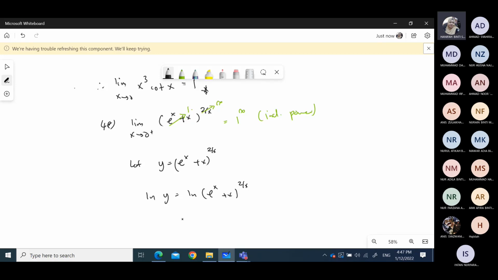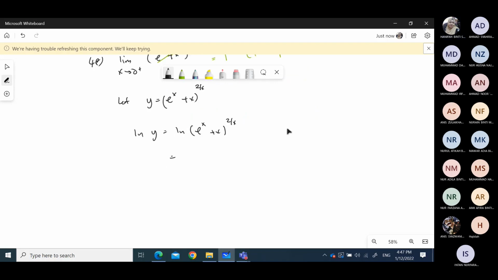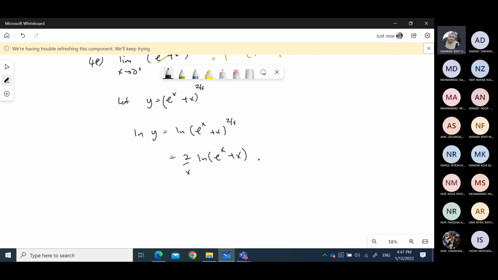Okay, so this one, by using the property of logarithm, we can bring 2 over x in front of this natural log. Then here we have 2 over x, natural log exponent of x plus x. Okay, so find the limit.